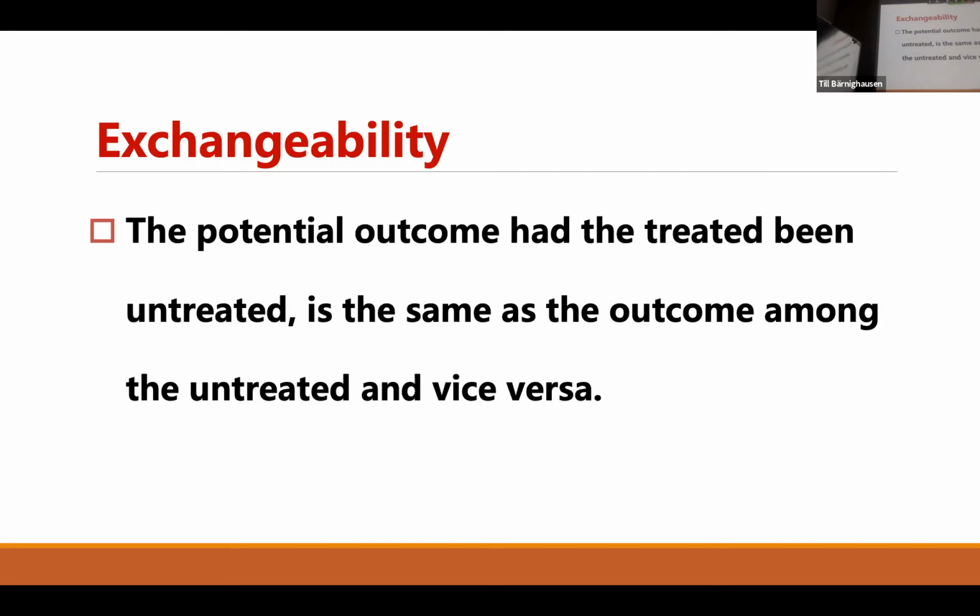So now we just intuitively understand the causal relationship, the causal evaluation. That'll be fine. The assumption of exchangeability says the population in the control group is identical to the population in the treatment group.